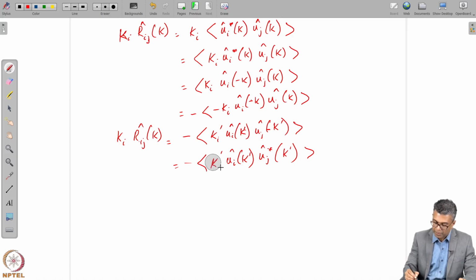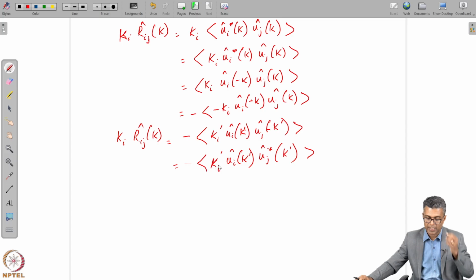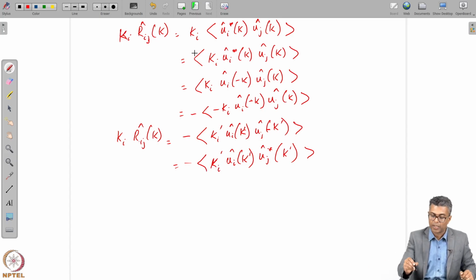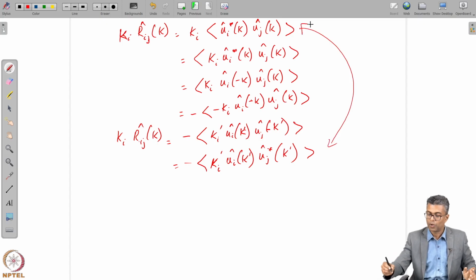Think about it, ki. What did I start with? Ki rij of kappa, and I wrote it as ki ui star of kappa and uj hat of kappa, right here. And here I'm writing it as another variable, but it is minus ki prime ui hat of kappa prime, and then uj hat star of kappa prime. So these two are the same, only difference being the negative sign.